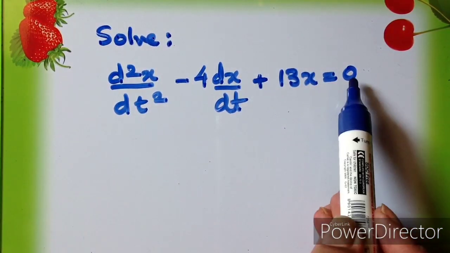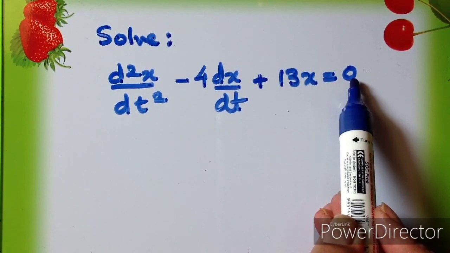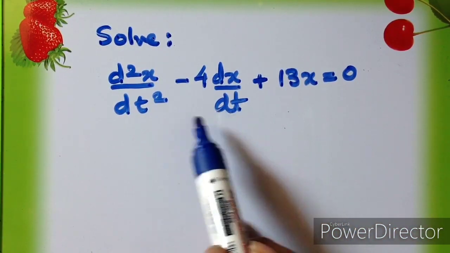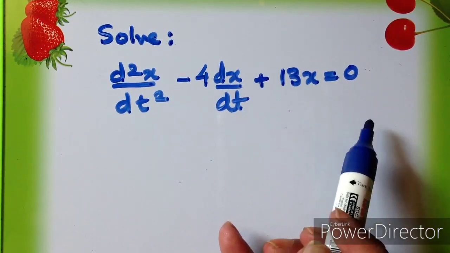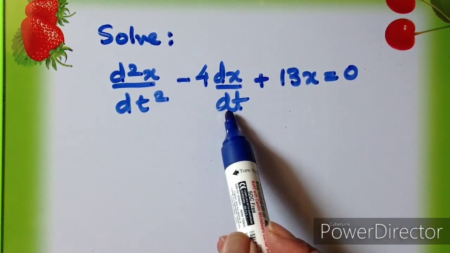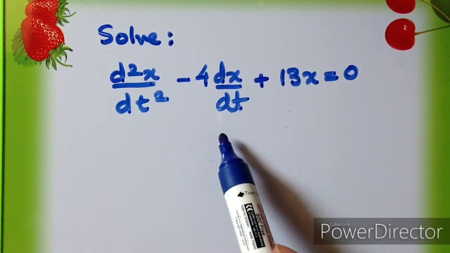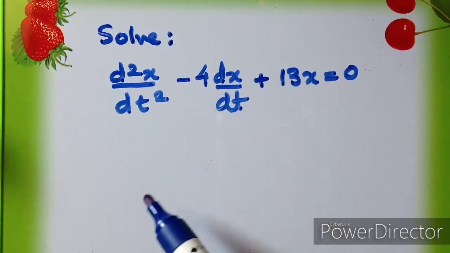As you can recall, when the right hand side is 0, this is the homogeneous linear differential equation. For equations of such type, the solution is going to be the complementary function itself. So we are going to solve this for the complementary function, and the complementary function itself will be the required solution of this particular differential equation.